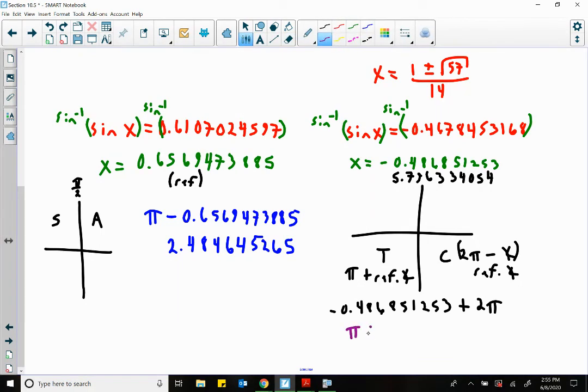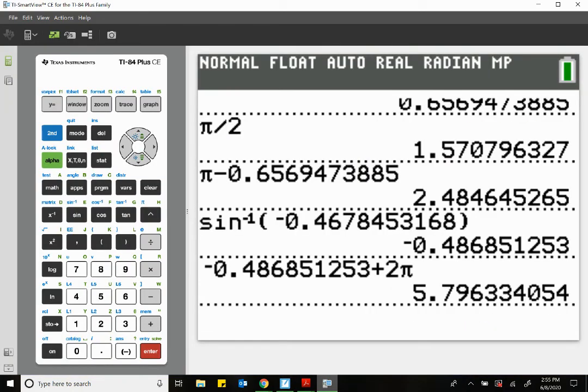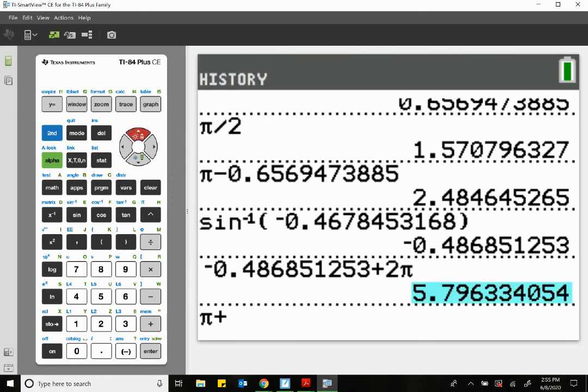And I'm going to add my reference angle of 0.4868. So I'm going to go to my calculator and take pi plus, go up there and grab my angle.